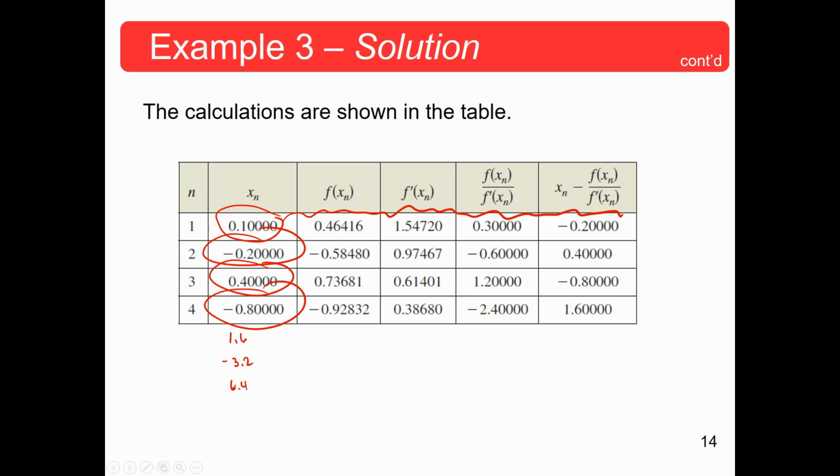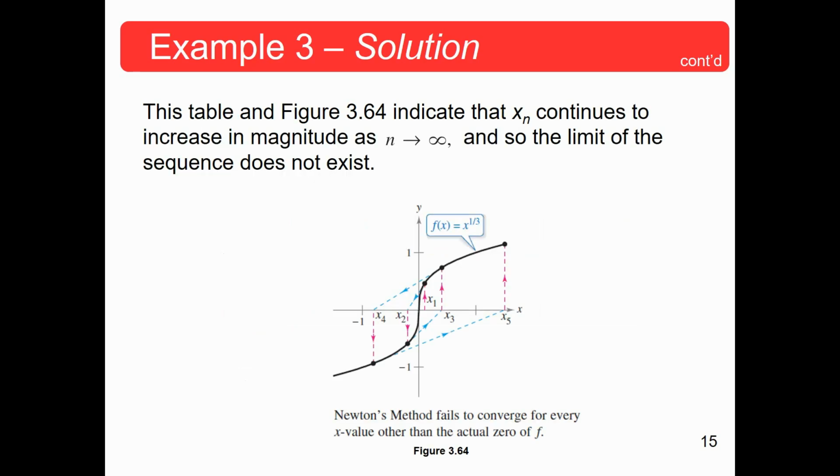You see how all this is doing is increasing. The absolute value of it is just increasing constantly by a factor of 2. So that means it can never converge. I'm never going to get two values that get close to each other. This is what's going on here.